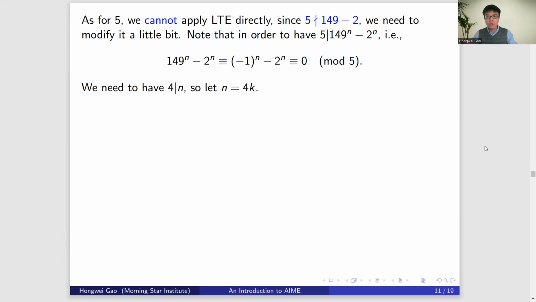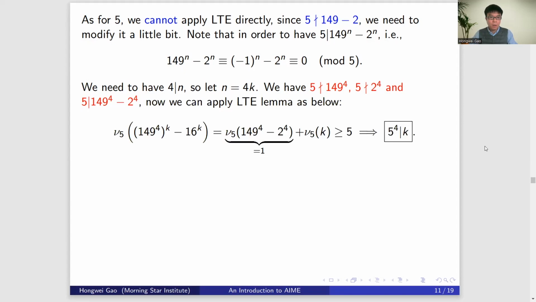Now we can change the corresponding base numbers so that the lifting the exponent lemma still applies. We still have 149 to the 4th power not divisible by 5, 2 to the 4th power not divisible by 5, but their difference is divisible by 5. So we're going to use these two new numbers as new base numbers. Here is the lifting the exponent lemma expression. 149 to the 4th power with exponent k minus 16 with exponent k.